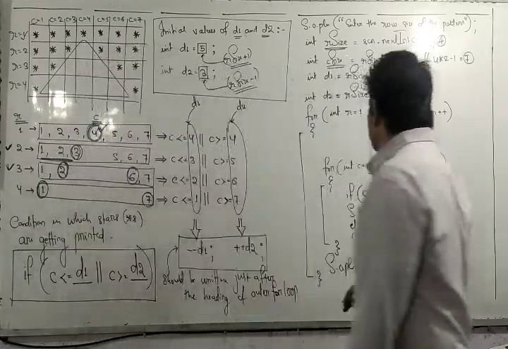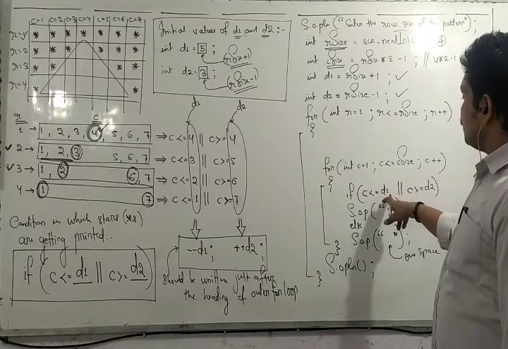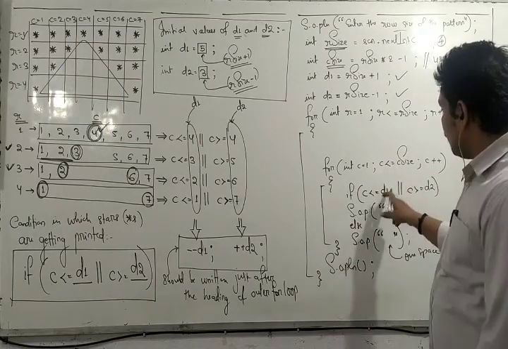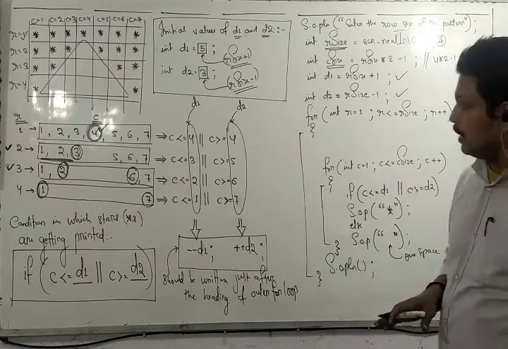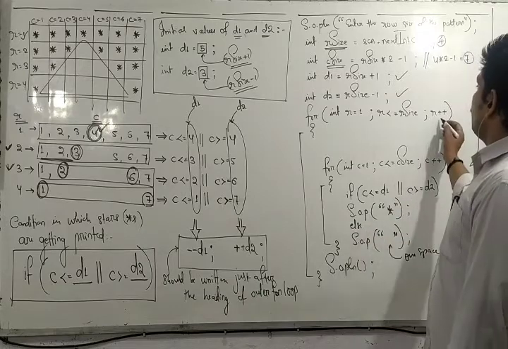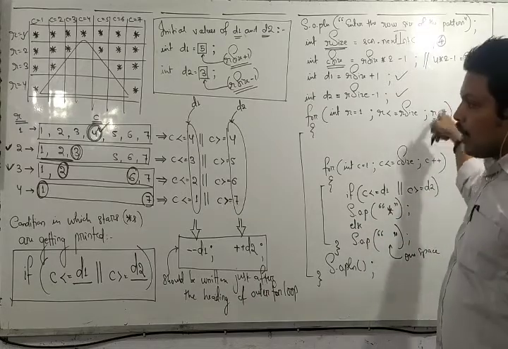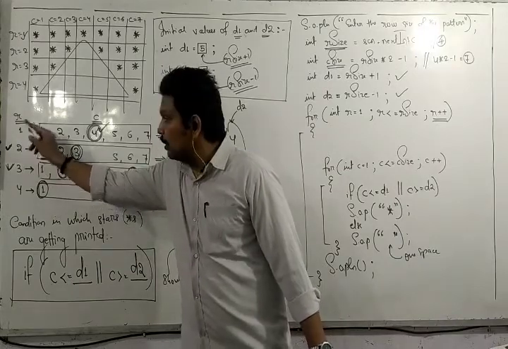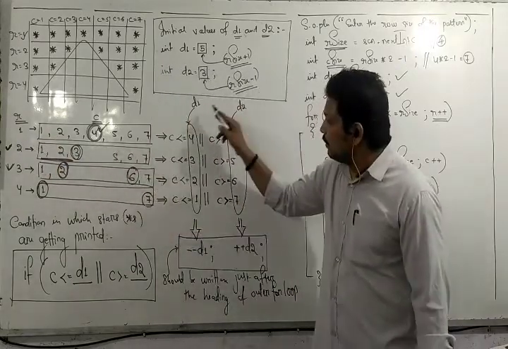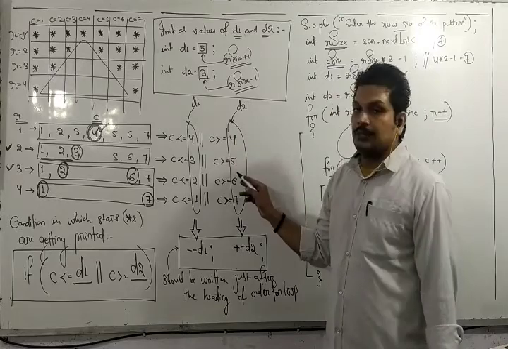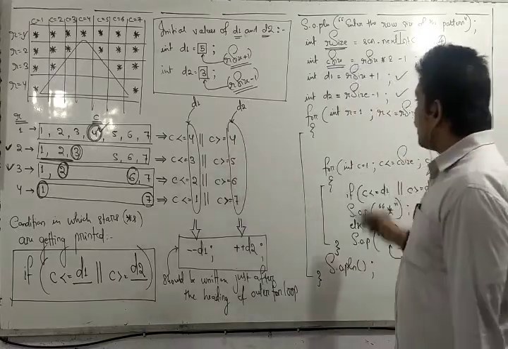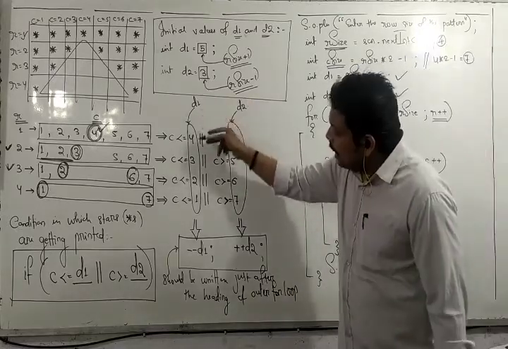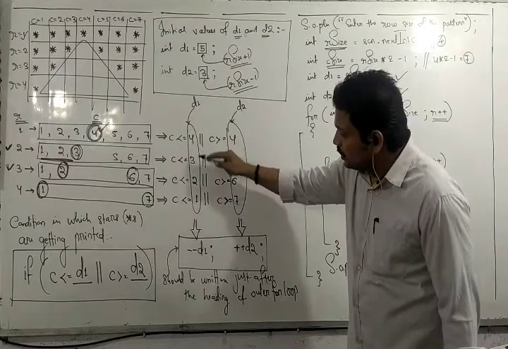Now, see, here nowhere I am modifying the value of D1 and D2. So just after the modification of value of R, when the value of R changes from 1 to 2, the values of D1 and D2 should also change. Now, how are the values changing?